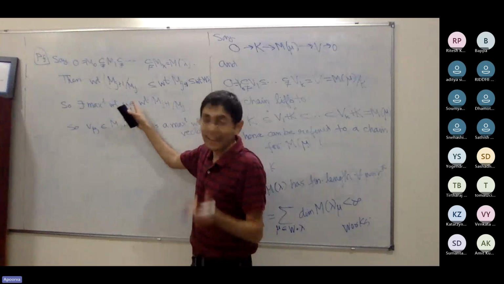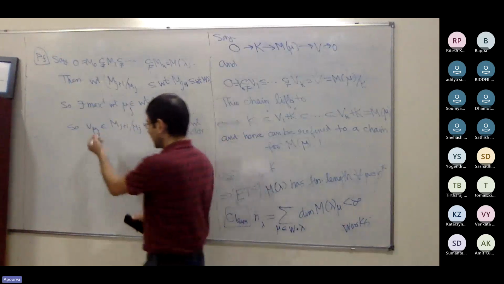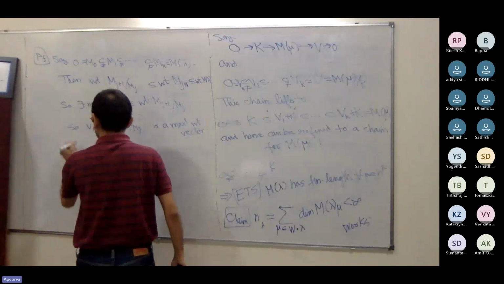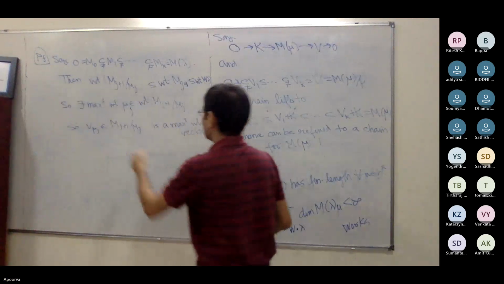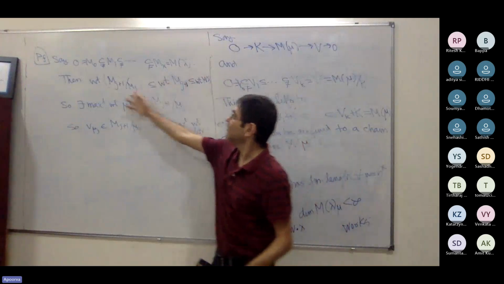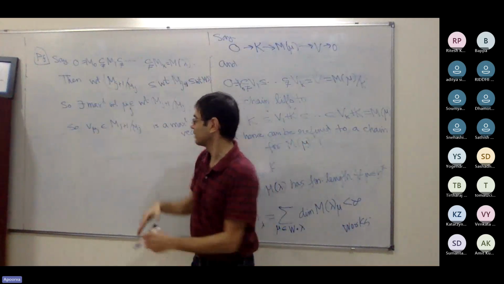There is no such weight, so that eigenspace is 0. So e_i times v_{mu_j} is 0 for all i. So it's a maximal weight vector, right? So every subquotient of any chain contains a maximal weight vector.